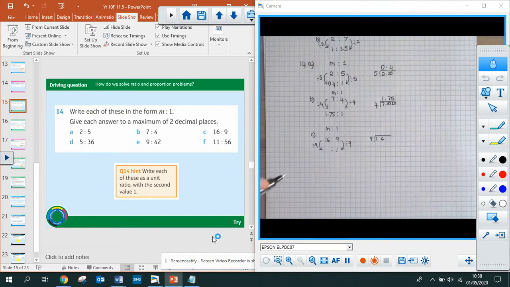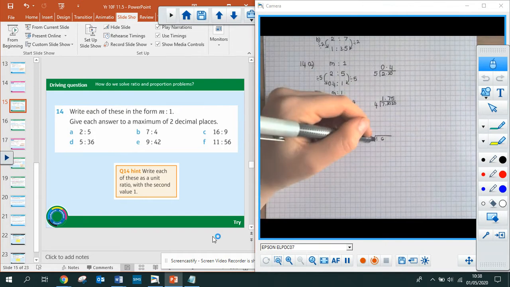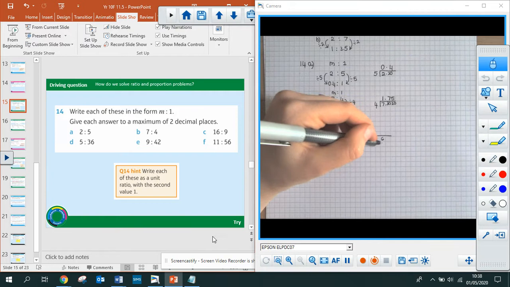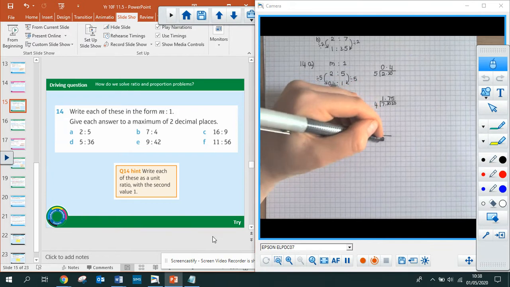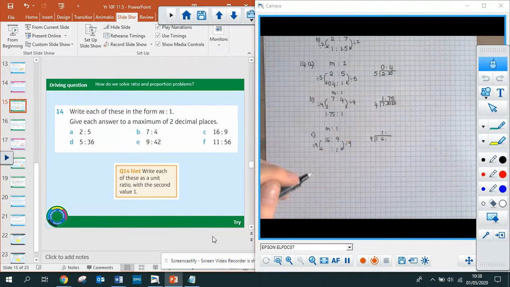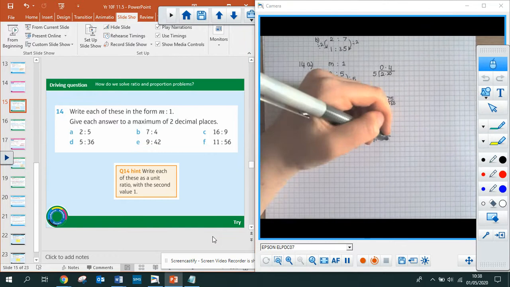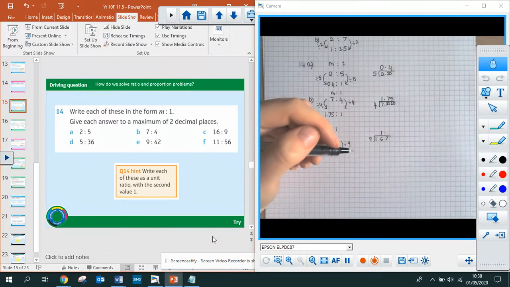So 9 doesn't go into 1, so I just move that on and I'll make that 16. 9 goes into 16 once. I need my decimal because I've got to the end of my number, and then there's 7 remaining.